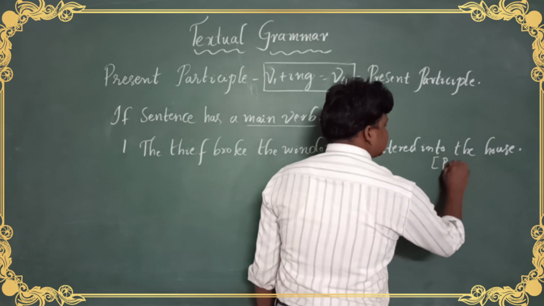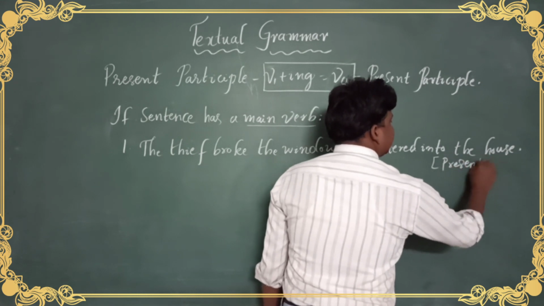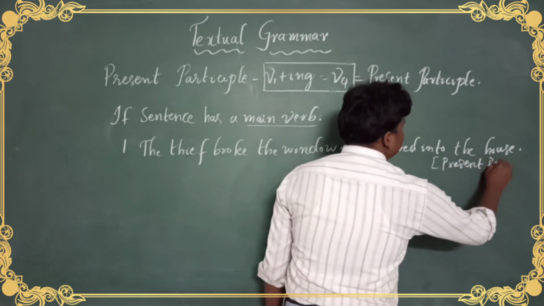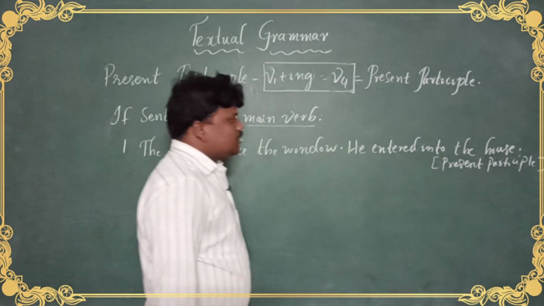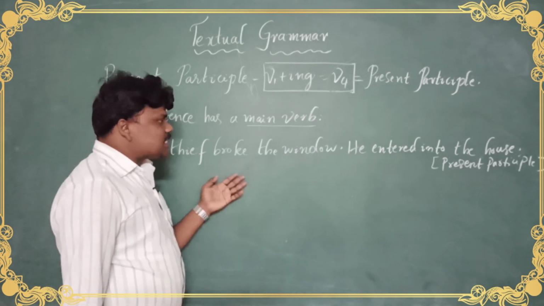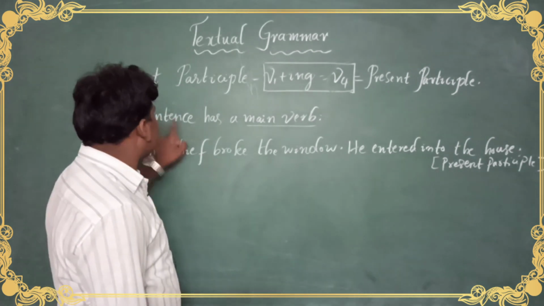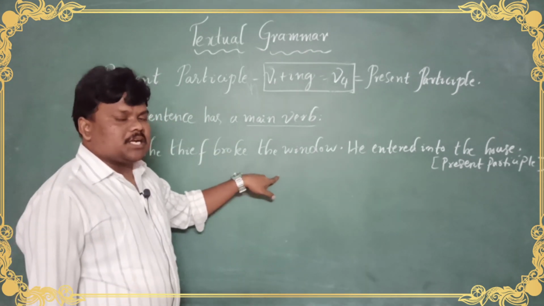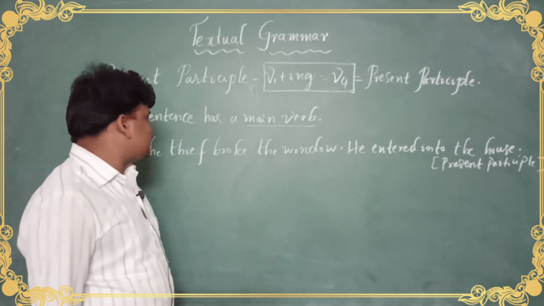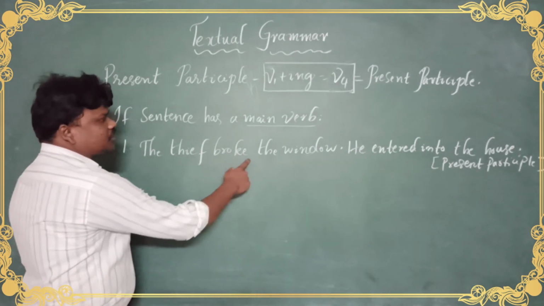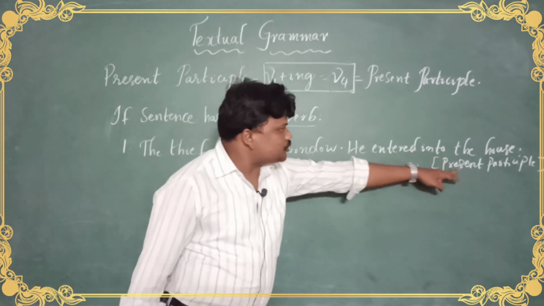These two sentences need to be combined with the present participle. Let me remind you, in the last class I taught you the same topic, and how we need to combine the two sentences if a sentence has a helping verb or main verb. The thief broke the window, he entered into the house.